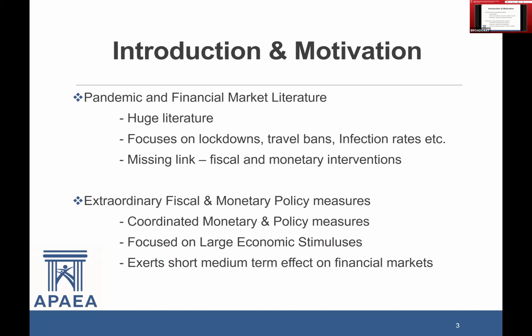Most of the literature focuses on lockdowns, travel bans, infection rates. Some of the newer literature is now focusing on vaccination availability and financial markets.